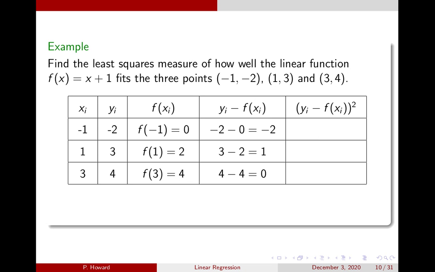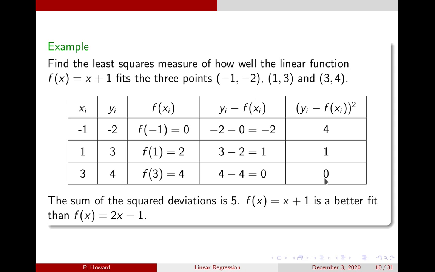Minus 2 squared is 4, 1 squared is 1, and 0 squared is 0. So the sum of the squared deviations is 5 in this case. That means that this function, f of x equals x plus 1, is a better fit than the function we considered before, f of x equals 2x minus 1, because for f of x equals 2x minus 1, the sum of the squared deviations was 6.